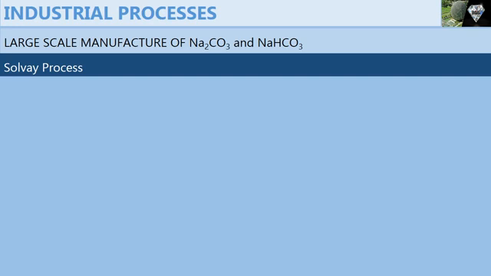The Solvay process. Earlier on, we discussed that carbon(IV) oxide is used in the manufacture of sodium carbonate or soda ash in the Solvay process.